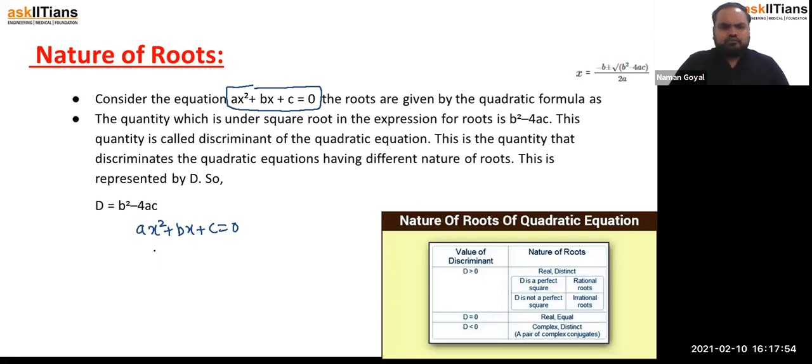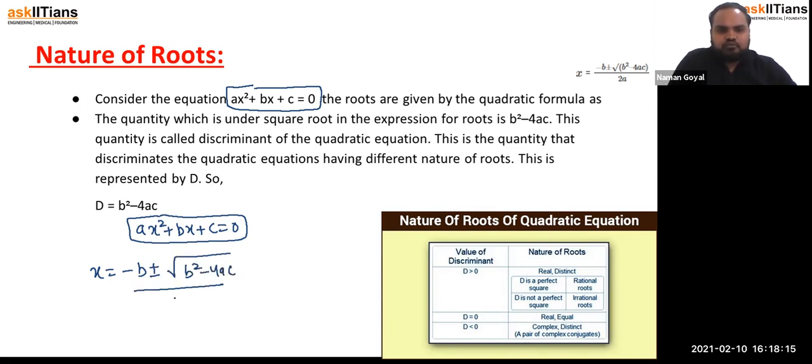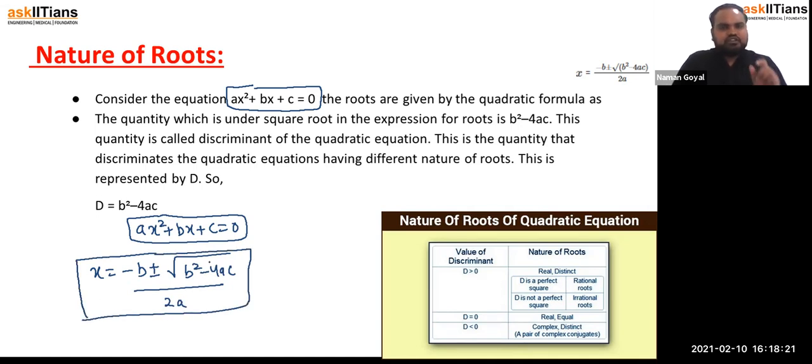Once you prove that, the value of x satisfying this equation is minus b plus minus under the root of b square minus 4ac upon 2a. If we solve this general quadratic equation by completing the square, we get the value of x as minus b plus minus under the root of b square minus 4ac upon 2a. So this is known as the quadratic formula.